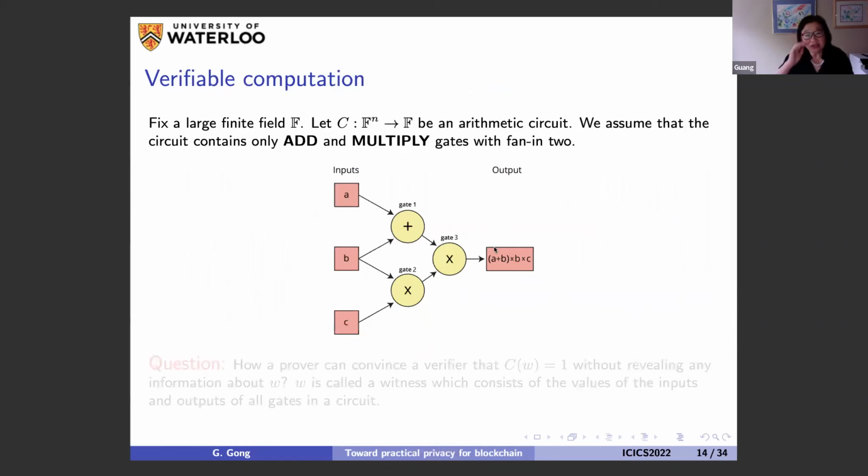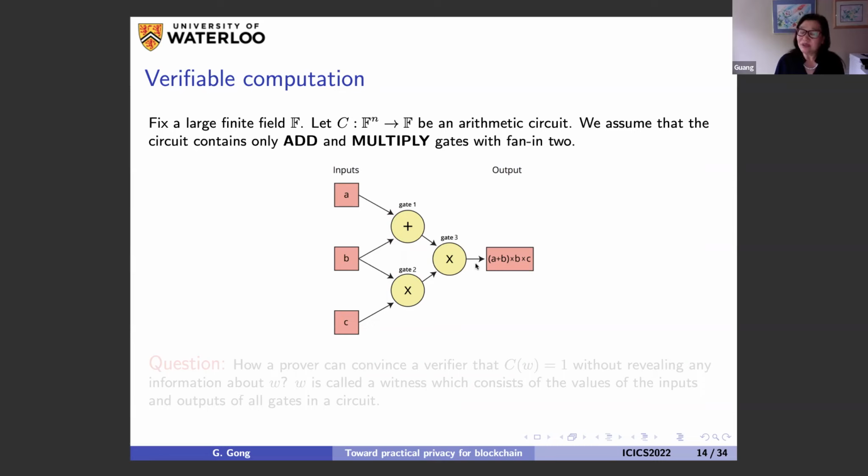For the circuit representation, usually we assume a very large field, and then you have the circuit, like here with 3 inputs and 1 output.